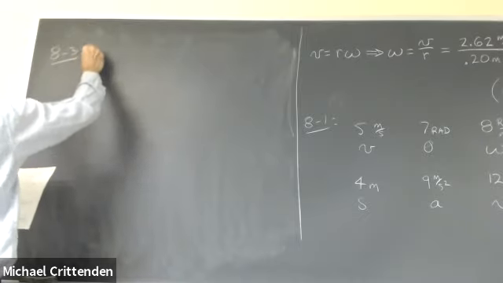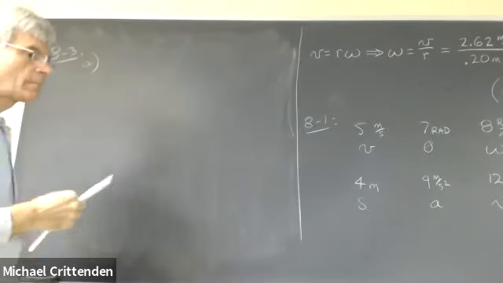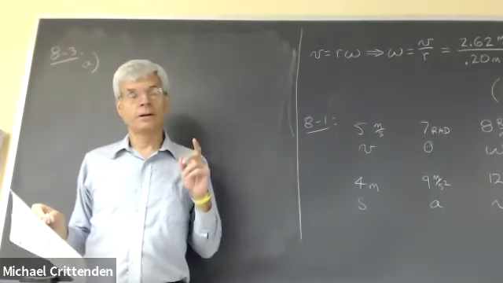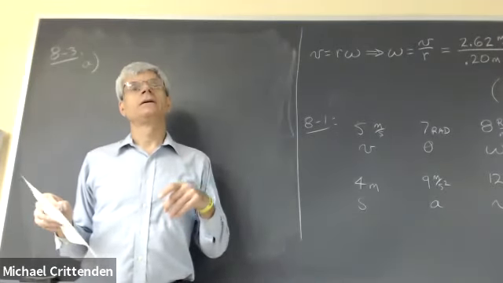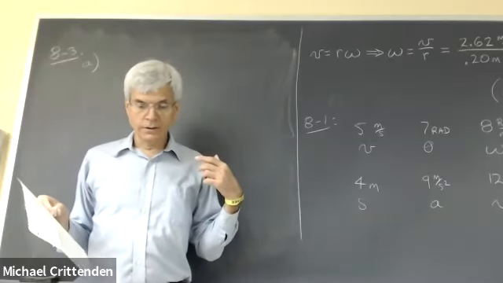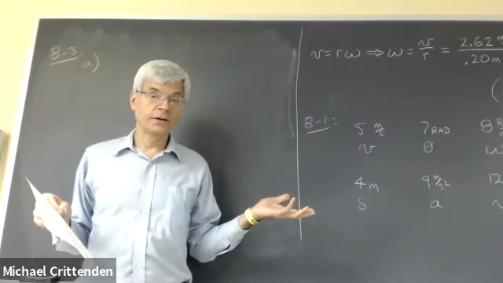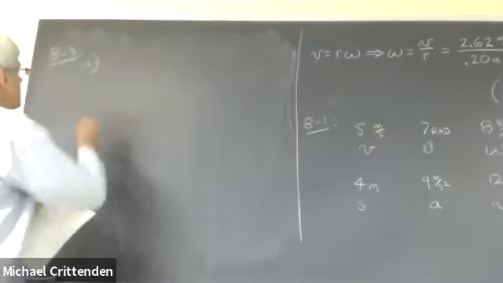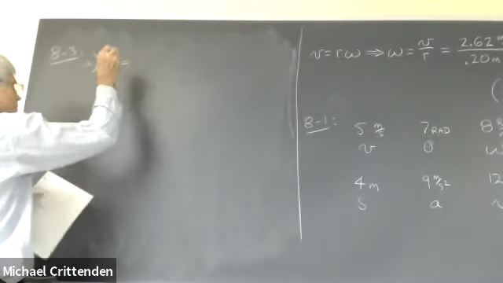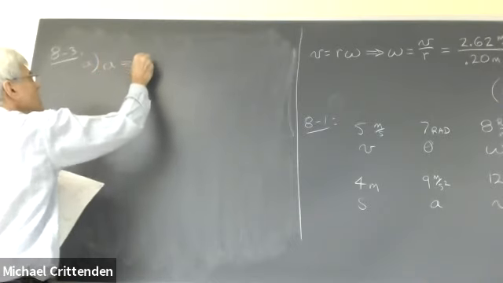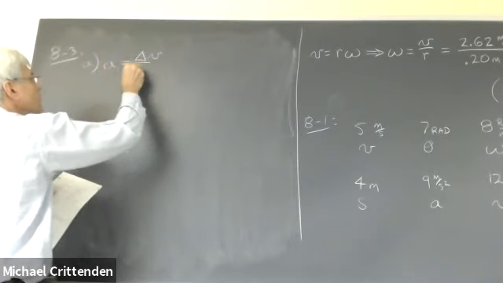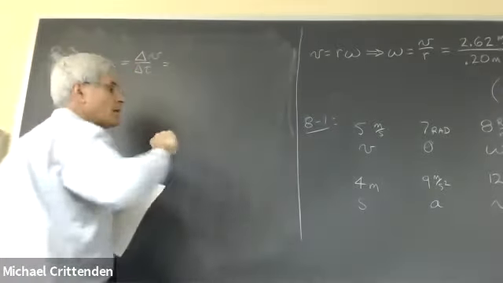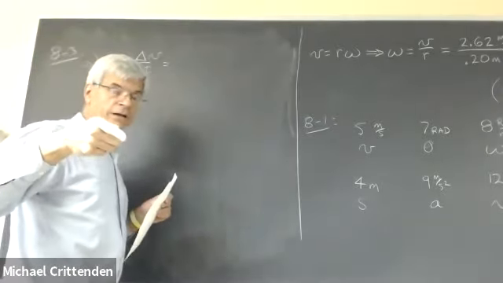Part A. The tangential acceleration of a point on the wheel equals the acceleration of the car as it accelerates down the road. From the first day of the course, acceleration is delta V over delta T. The car goes from 0 to 30 meters per second.